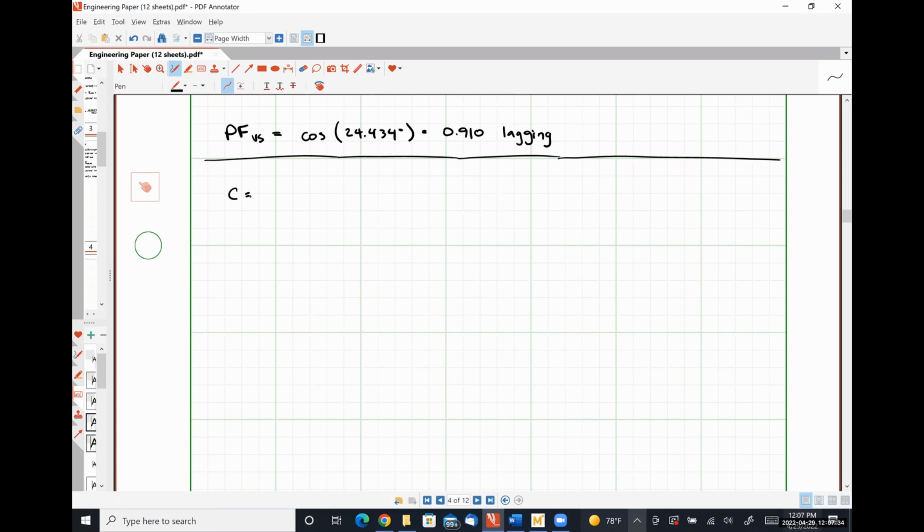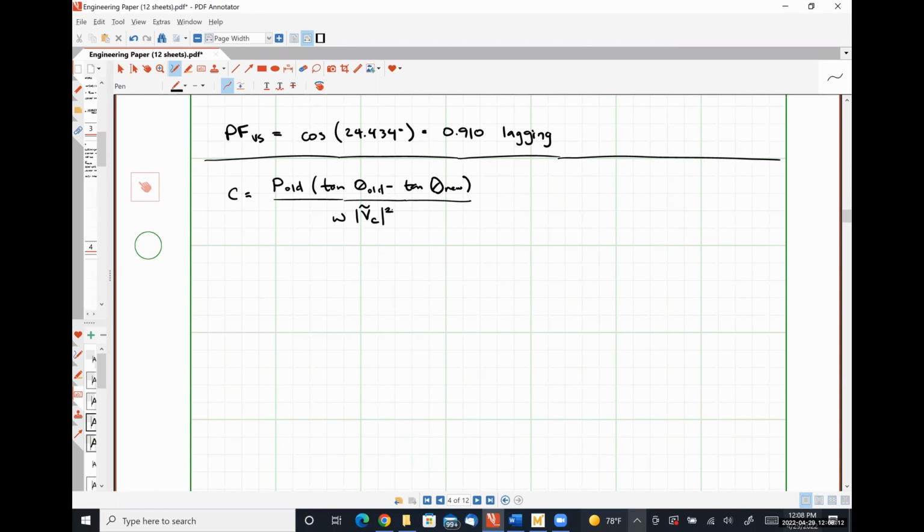So the capacitance C is equal to P old times the tangent of theta old minus the tangent of theta new, divided by omega times the magnitude of the voltage drop across the capacitor squared.